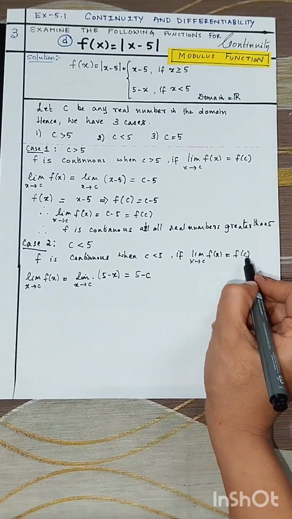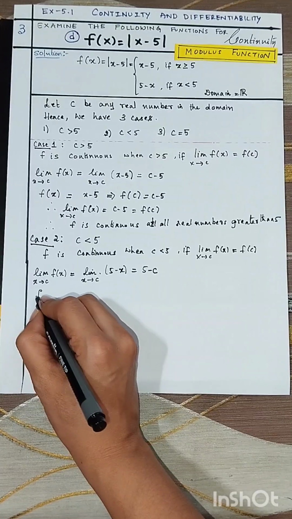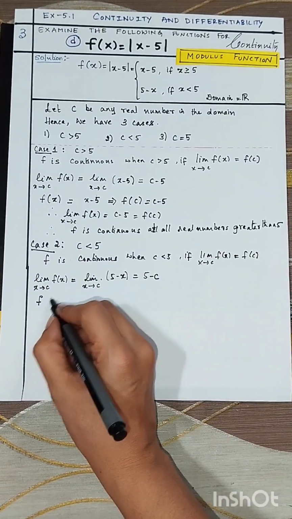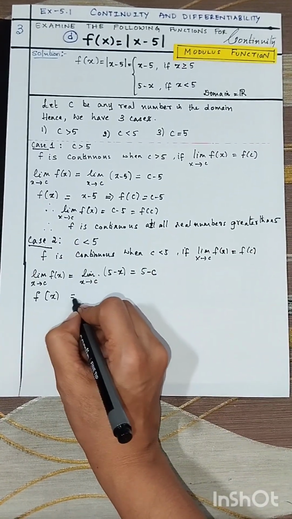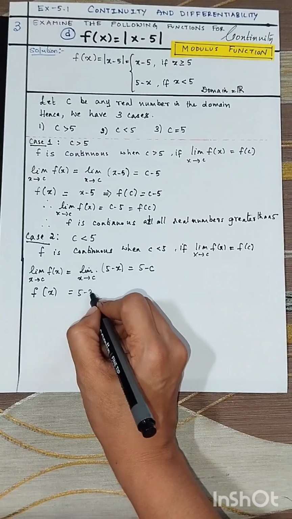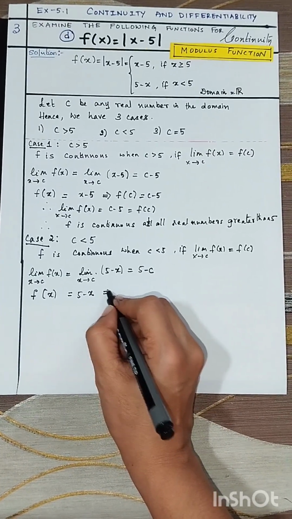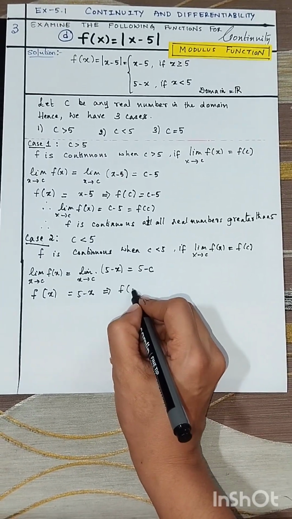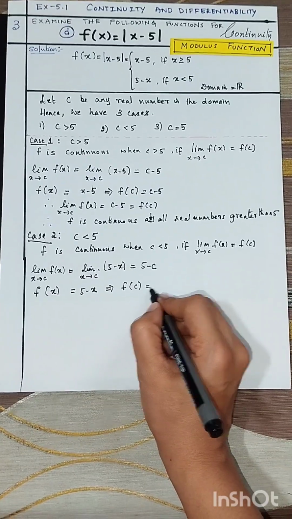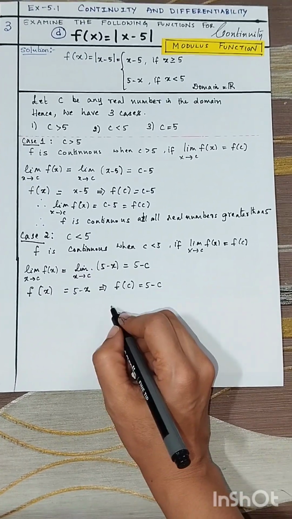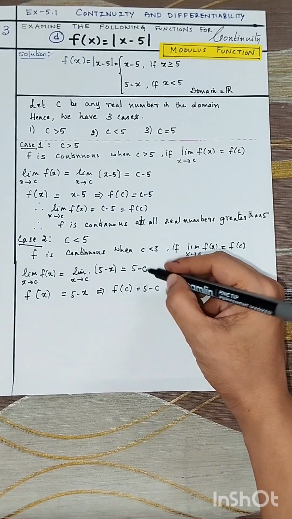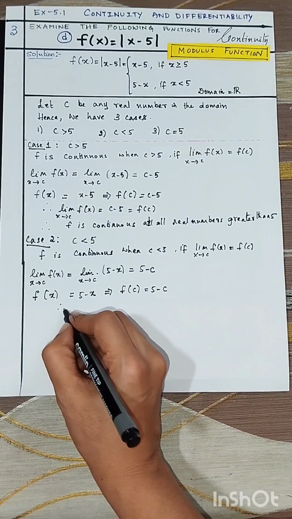Now let us check the RHS. So to check f of C, we will first write what is f of x. f of x is 5 minus x. So this implies in the place of x, if we write C, f of C will be equal to 5 minus C. So now they both are the same. So what we can write here?